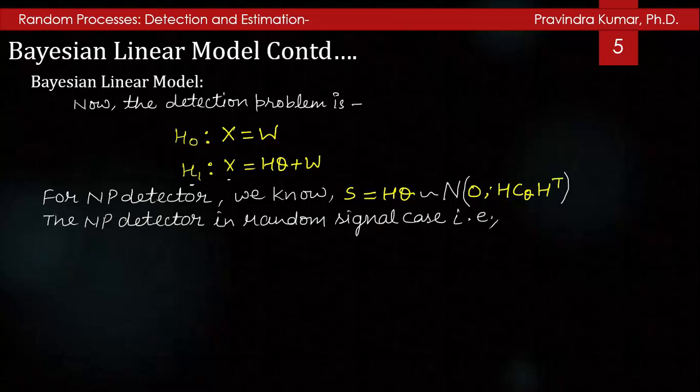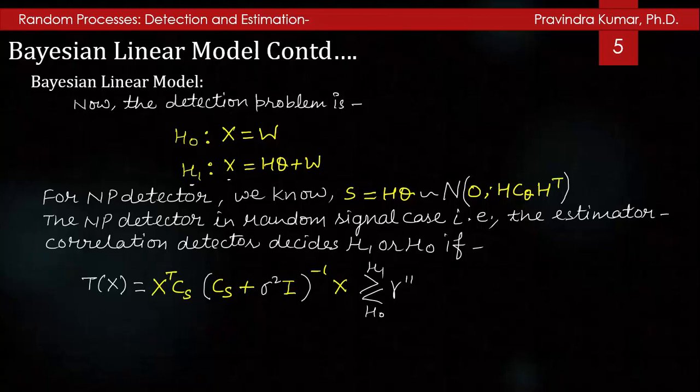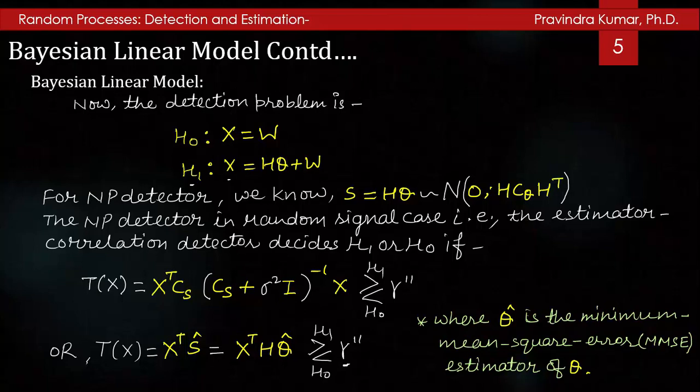So the NP detector in the random signal case, that is the estimator correlator detector, decides H1 if the test statistic T of x is equal to x transpose C S into the inverse of the matrix C S plus sigma square I, x greater than threshold value gamma double dash, or you can write the test statistic as x transpose S cap is equal to x transpose H theta cap greater than threshold value gamma double dash, where theta cap is the minimum mean square error estimator, MMSE, of theta, and we will discuss this kind of estimator in the estimation section.